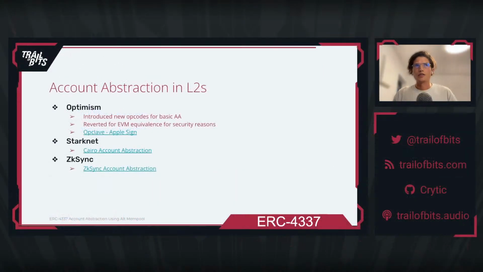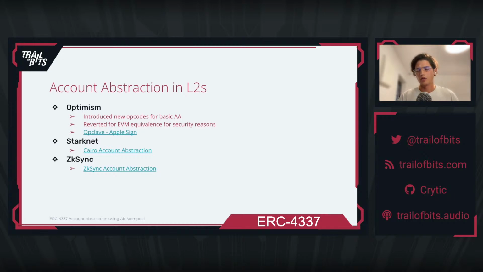And let's have a quick look at account abstraction in layer 2s. For Optimism, we saw they early on introduced new opcodes for some basic account abstraction. However, the OVM decided to revert back to EVM equivalence for security reasons. And there was one interesting project called Opclave, which I think was created in a hackathon for ETH Global. It's called Opclave Apple Sign.